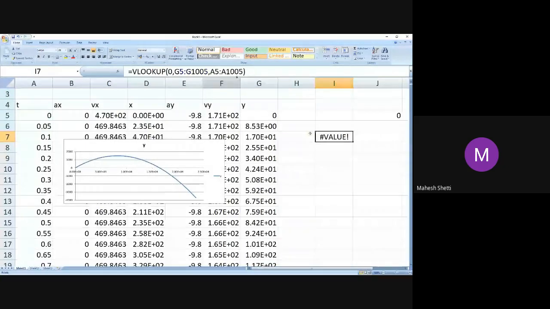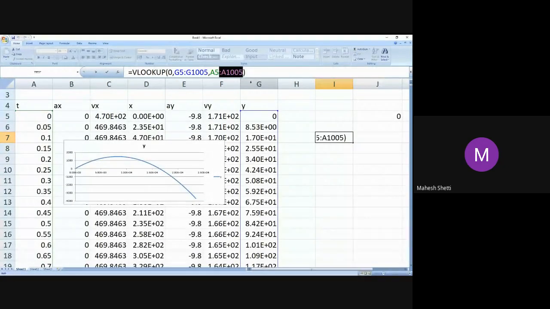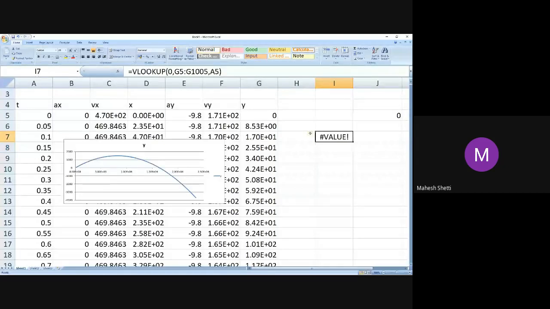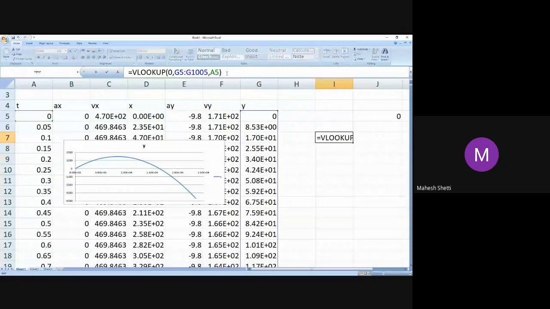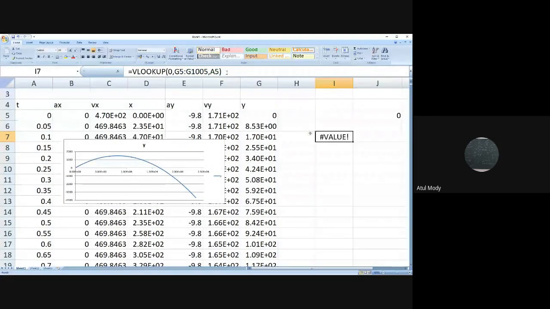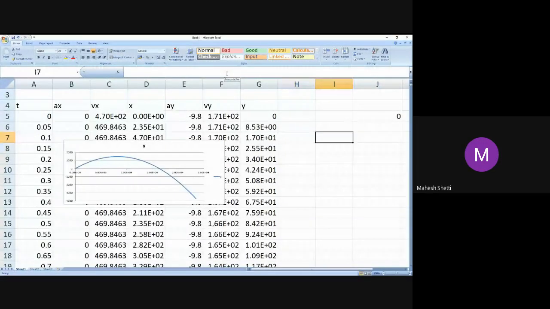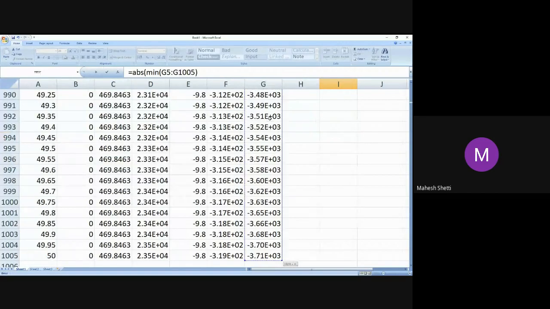It says A5. Syntax error. Lookup value 0 in the table: it can't exactly become 0. You just look for the first time when it becomes negative or less than or equal to 0. What I can do is find out the minimum value, the absolute of the minimum, because the minimum could be negative.